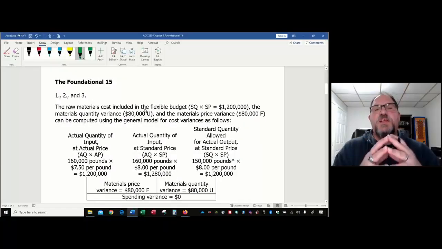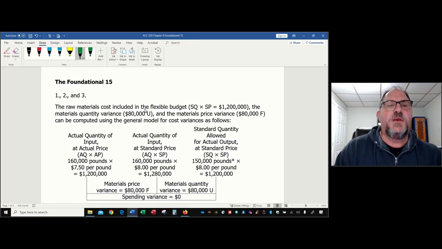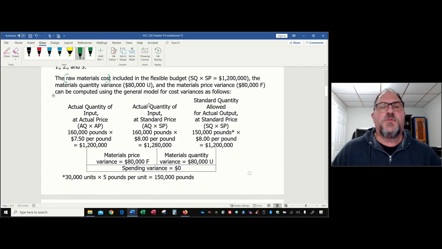All right, the first thing they ask about were the raw materials, okay? So the raw materials, notice here, they said you do a comparison. You take the actual quantity that you used right here, and then the actual price, and they paid $1,200,000 for it. Now you take the actual input times the standard price, and what would that be? $1,280,000.